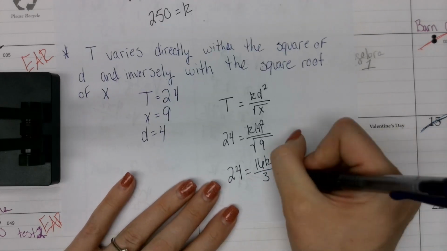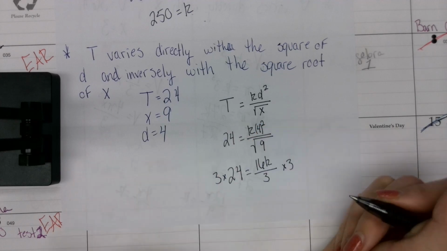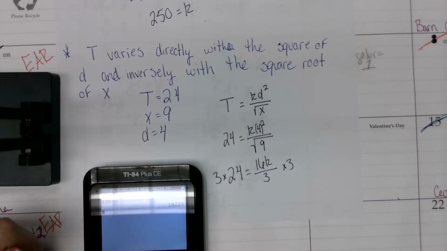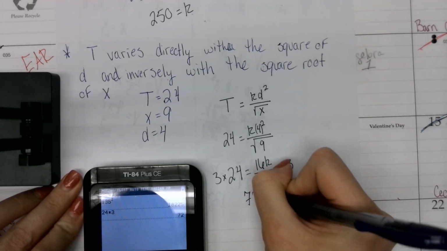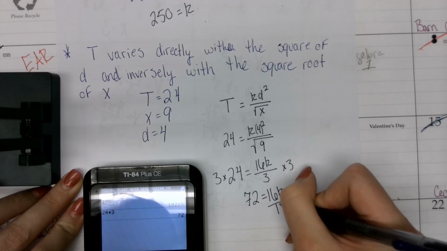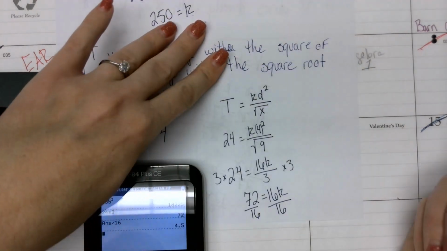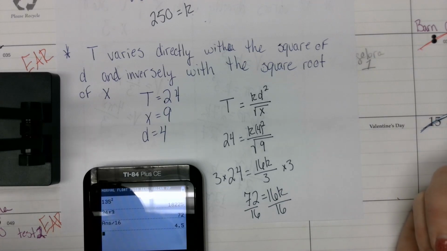Now I need to multiply by 3 because it's inverse. So 24 times 3 is 72, so I have 72 equals 16k. Divide by 16, k equals 4.5.